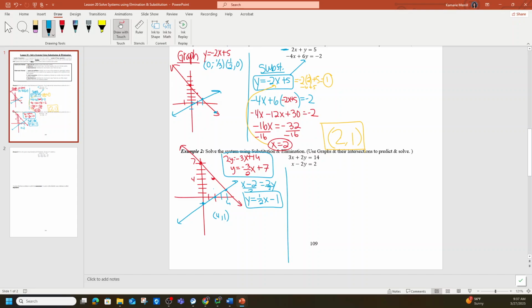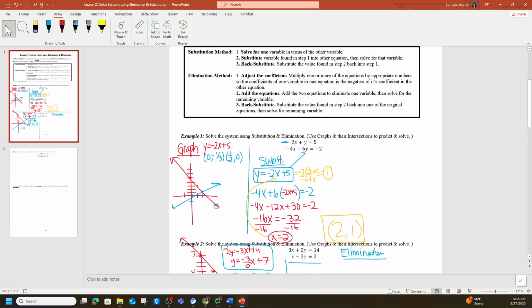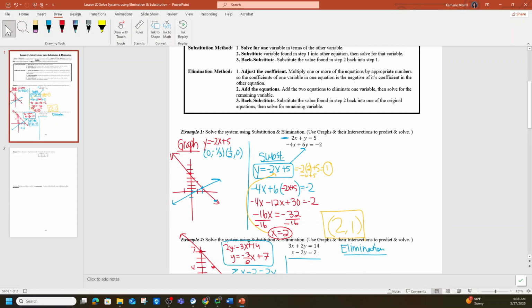So we know where our answer is, but let's just show it using elimination now. I just wanted some space below it, so I'm going to write elimination right here. Okay, elimination. Who remembers what elimination is? I have the steps up above, but who wants to put it in their own words?